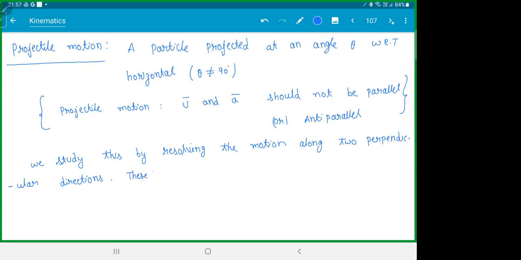These will be two one-dimensional motions.